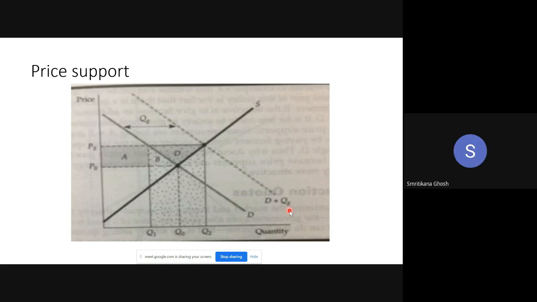Ma'am, PS minus P0 into Q2 minus Q0. No. Ma'am, there is a portion without any name, the side of D dotted but not named. That portion plus D.